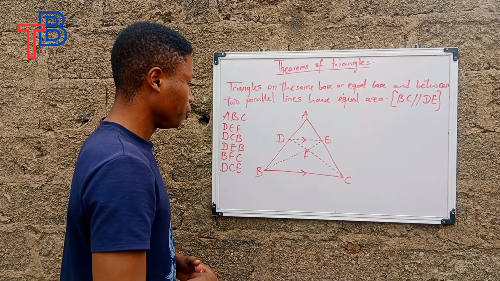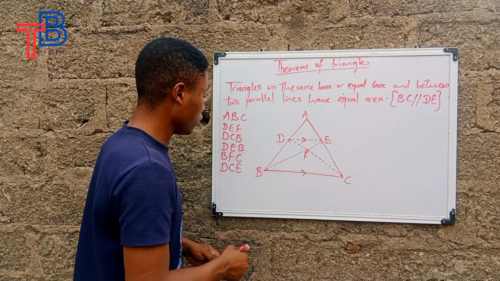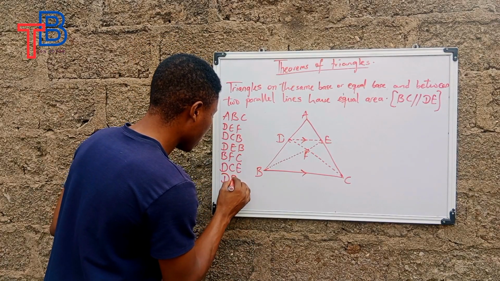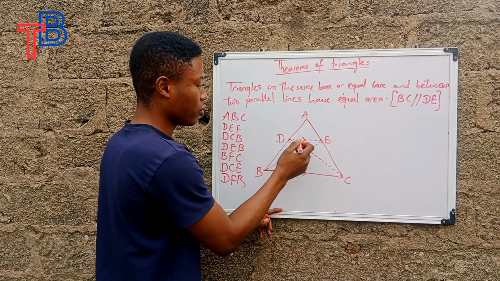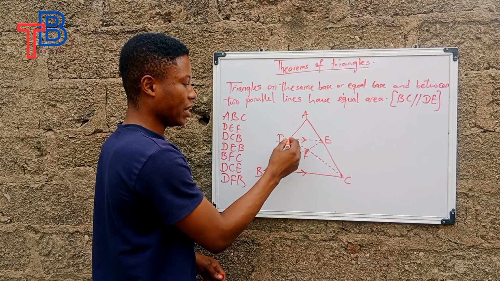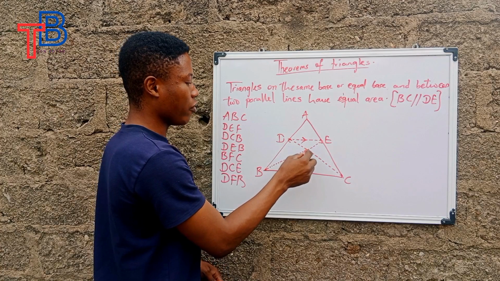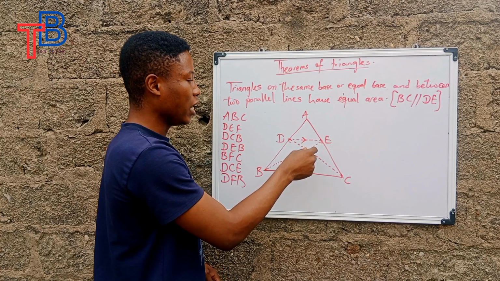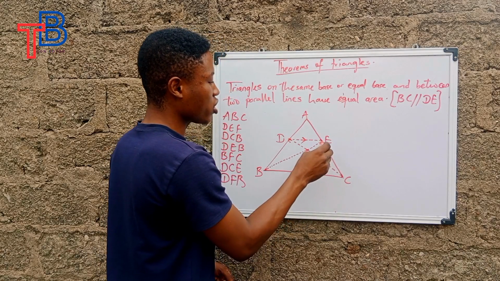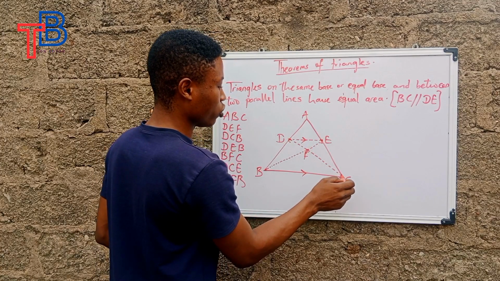Let's continue. You will notice that triangle DFB, is it there? No, let me add it. We have triangle DFB. This triangle DFB here, you will notice it touches this parallel line here and touches this one at this place, having its point here. It is also similar to EFC because it also touches this point here and also this point here.